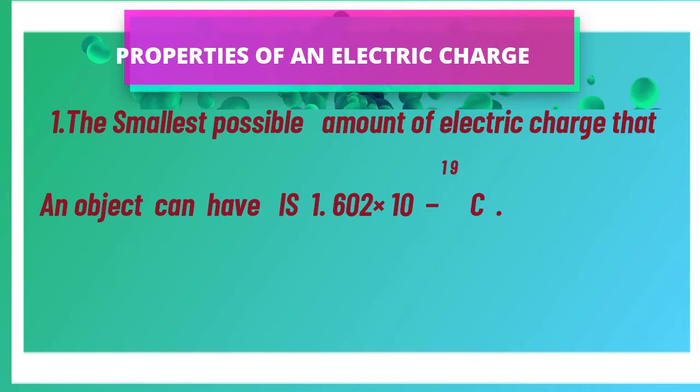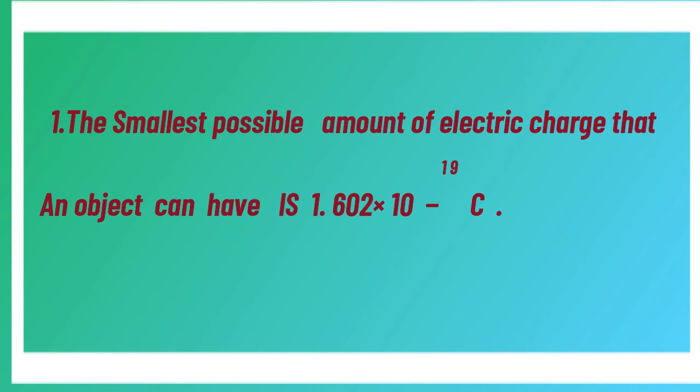Now let us proceed to the properties of an electric charge. Number 1. The smallest possible amount of electric charge that an object can have is 1.602 times 10 raised to negative 19 coulomb. No other particle can have less charge than this value. Number 2.